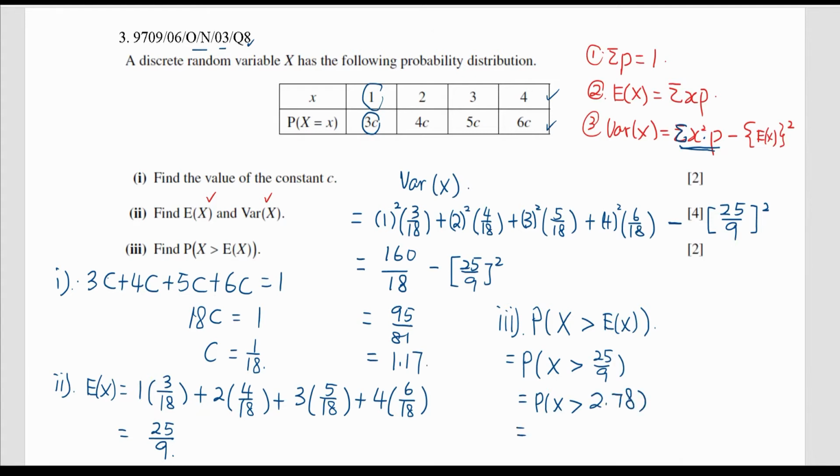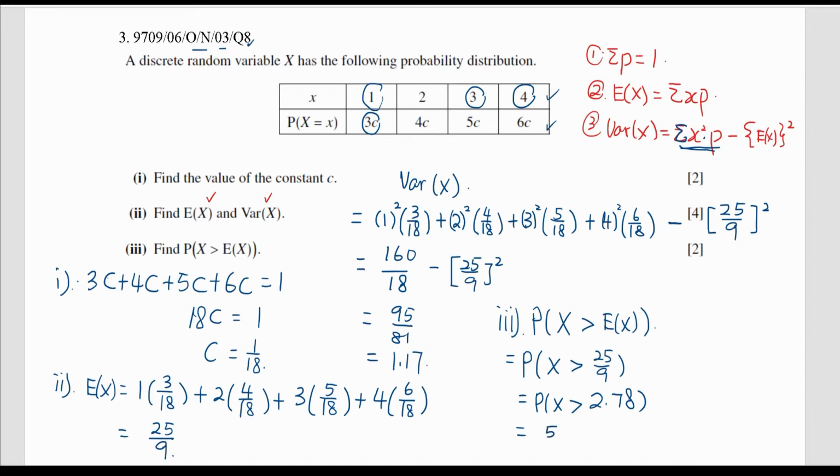So we are trying to find the probability that x is greater than 2.78 by referring to our table. If the value of x is greater than 2.78, it can only be a 3 or a 4. So hence, the probability will be either 5c or 6c. Then we sum them up.